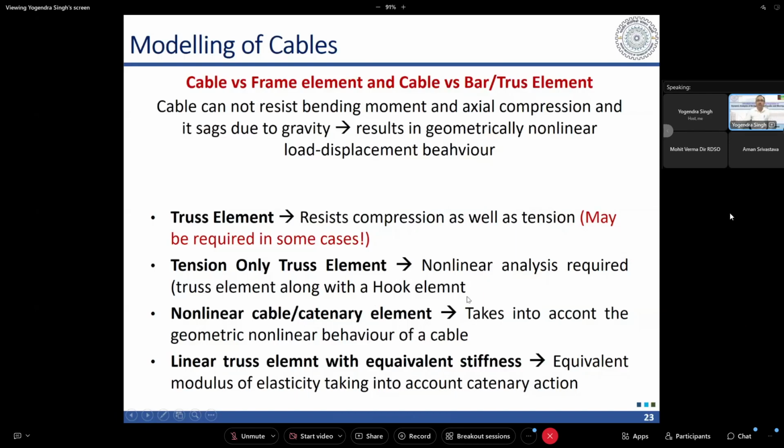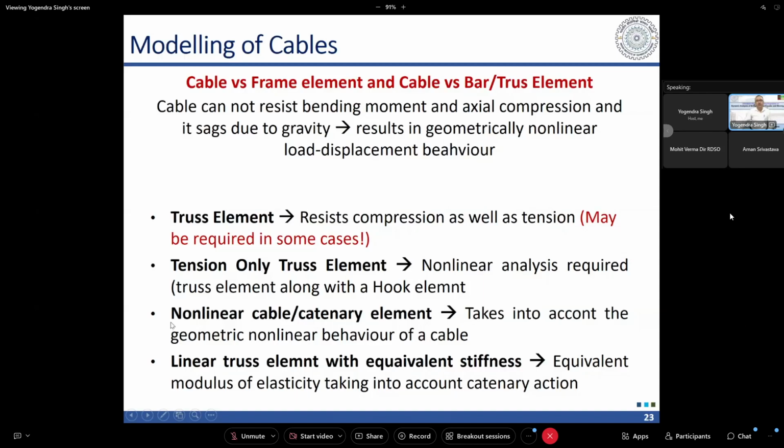But this hook element will work only in nonlinear analysis. So if we want to do an analysis where a tension-only element is to be used, we have to perform a nonlinear analysis so that at every step it checks whether it is subjected to compression or tension, and accordingly it provides the stiffness.